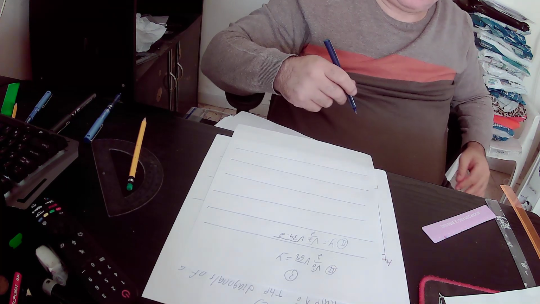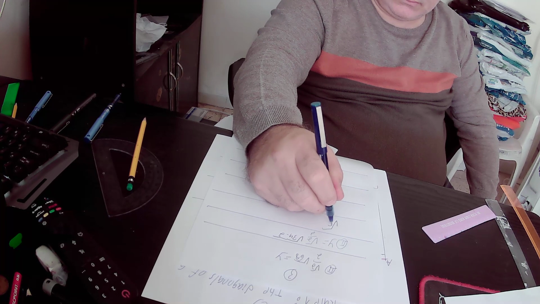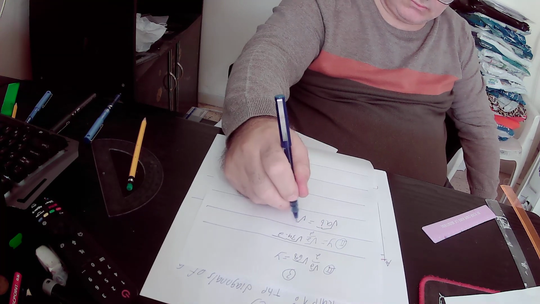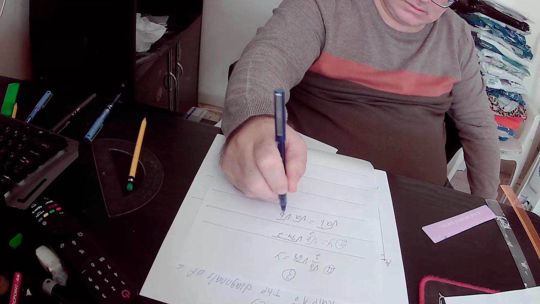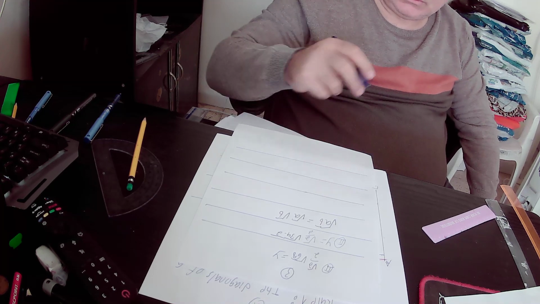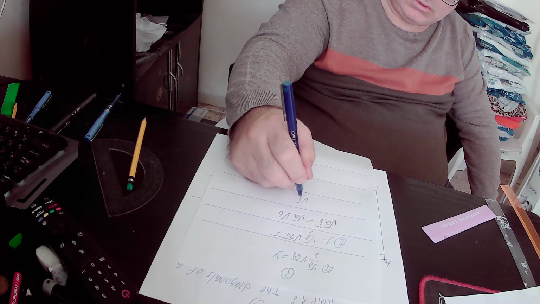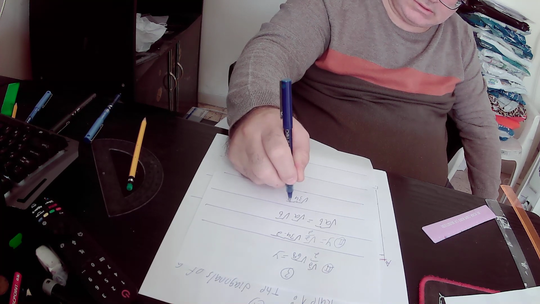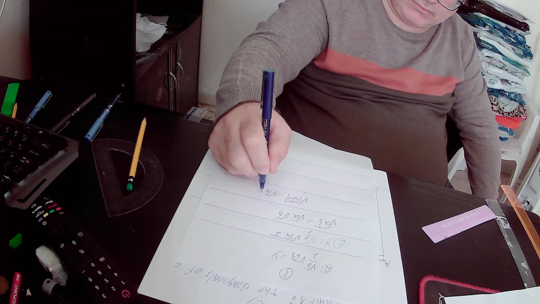We also have the rule that states that the square root of a times b equals the square root of a times square root of b. According to this rule, the square root of 34 times 2 will be equal to the square root of 34 times square root of 2.